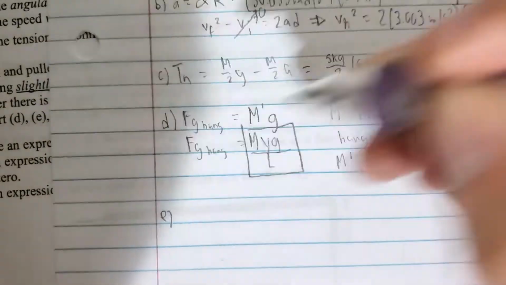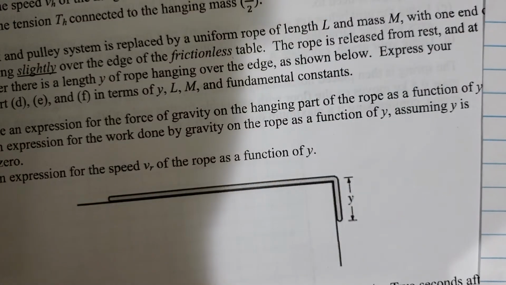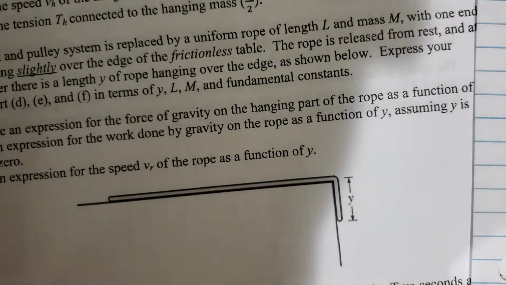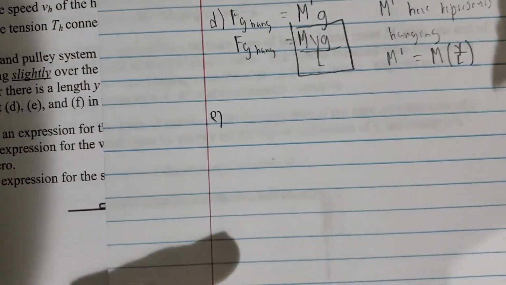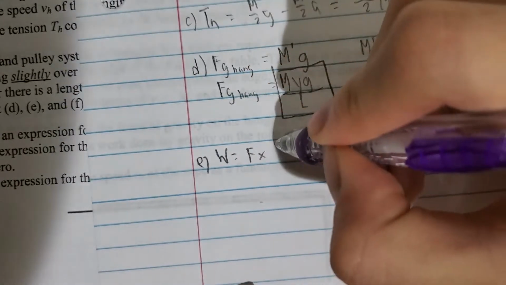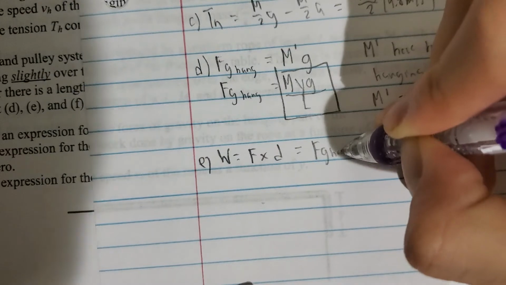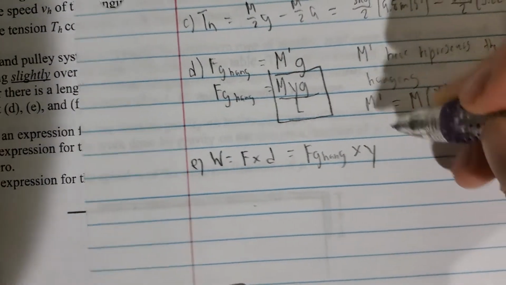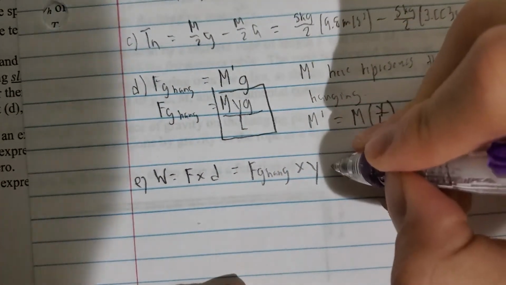Now part E says to derive an expression for work done by gravity on the rope as a function of Y, assuming Y is initially 0. Well, this is quite easy. Work is equal to force times distance. Now the force applied is gravity, so Fg hanging, and the distance is going to be Y. Fg hanging we defined up here, so we just have to plug them in.